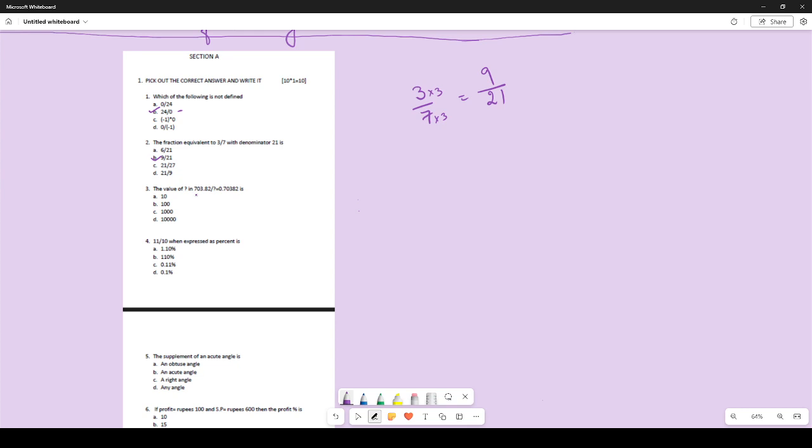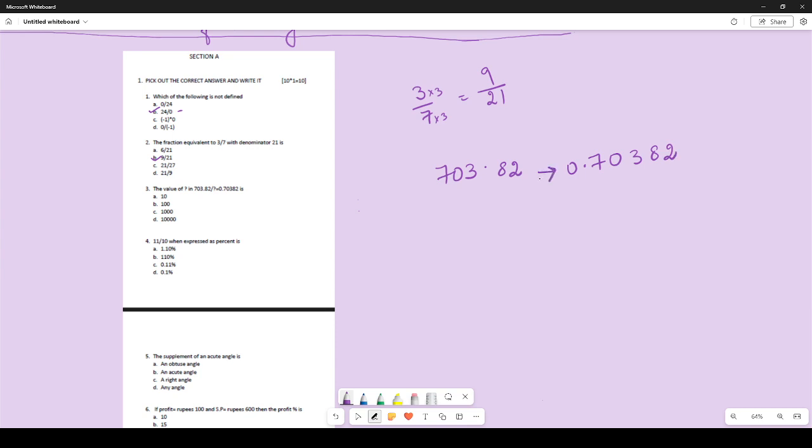The value of 703.82, what it should be divided with to get 0.70382.